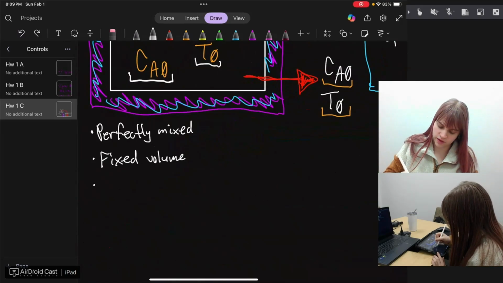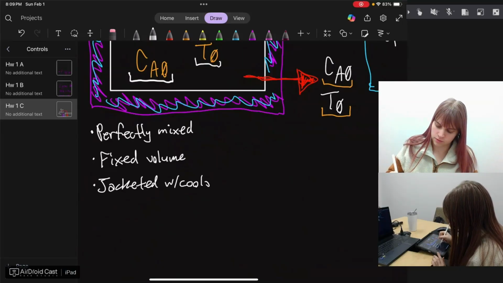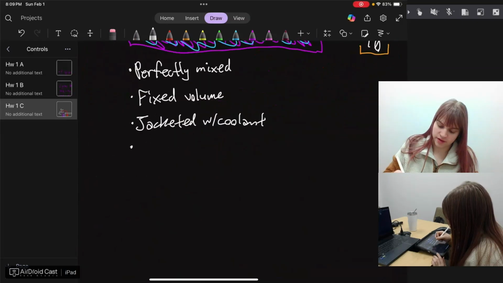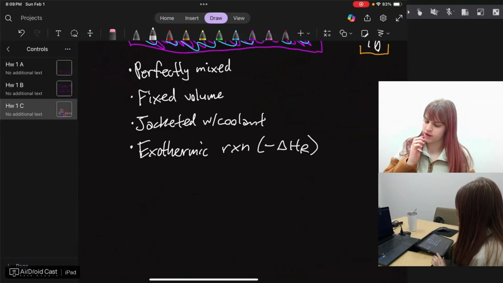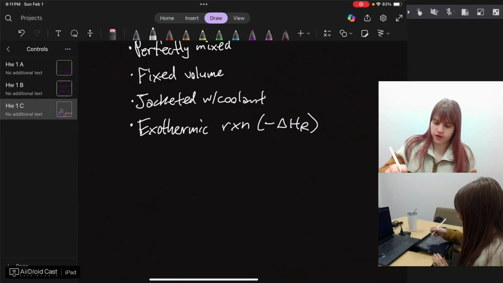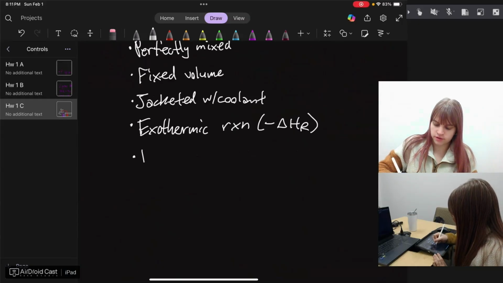We also said this tank is jacketed, with some sort of cooling. As I said, this is an exothermic reaction because of the negative heat of reaction enthalpy. And I almost forgot to mention that we know this is a first order reaction.